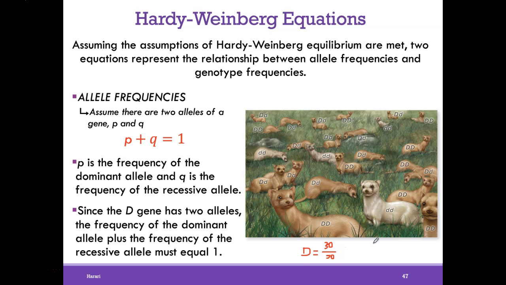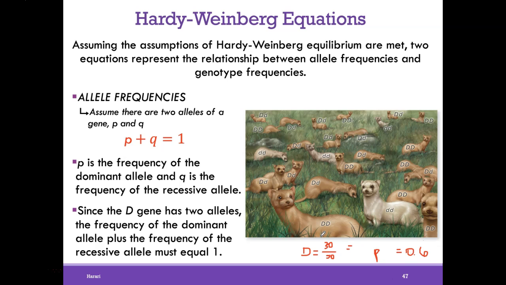And this is represented as the letter little p. Right? Little p is the frequency of the dominant allele. So big D is the dominant allele. We said there are 30 big Ds out of 50. So P is 0.6. Right? So in this case of the ferrets, P is 0.6.